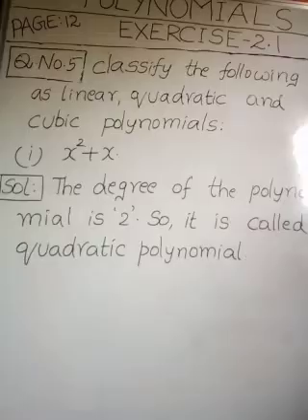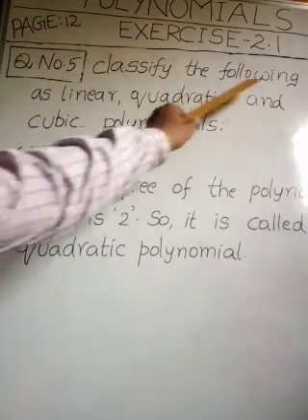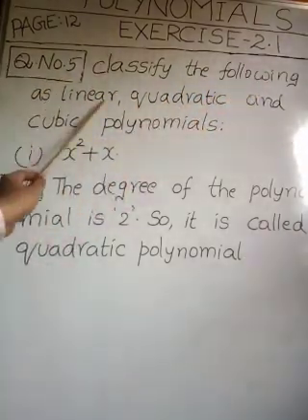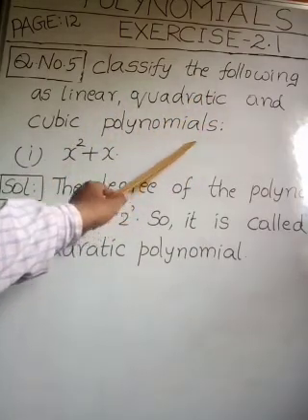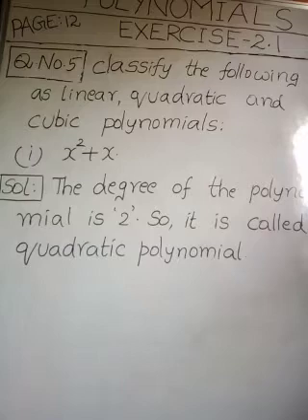Right. Now come to question number 5. Classify the following as linear, quadratic, and cubic polynomials. In this question, some polynomials are given. We have to give the names of the polynomials based on their degree. If the degree of a polynomial is 1, the polynomial is called a linear polynomial.